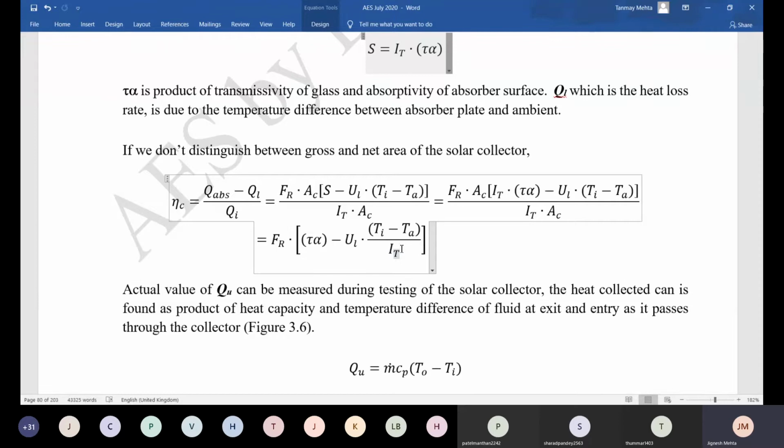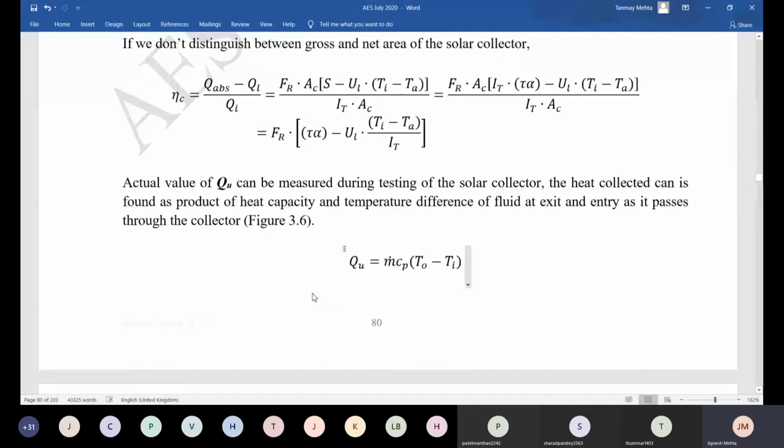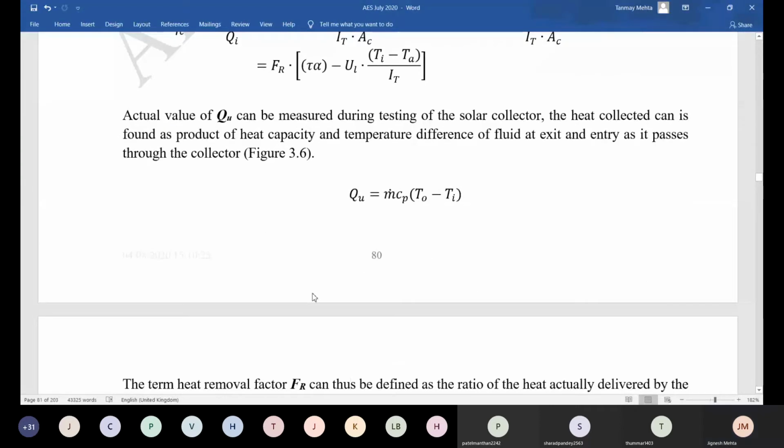So that is put on the horizontal axis, TI minus TA upon IT, and the efficiency is plotted against that, and the slope would be minus FR into UL. So it's a negative sloping line. Okay, what does it mean? When the graph is shown, I'll explain what it means, right? Okay.